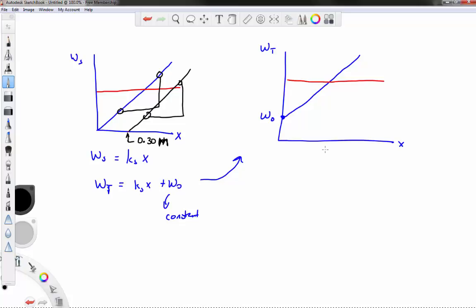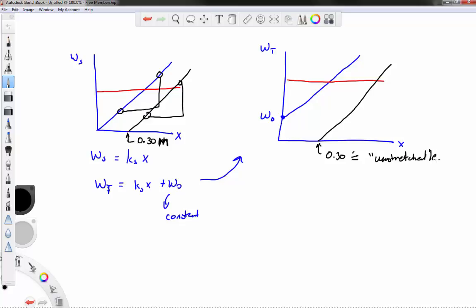And in fact, if I plotted the weight total versus x, it would actually look like this. Basically, W0 is 0 because it stretches immediately when you add weights to it. So this right here, by the way, is the unstretched length.